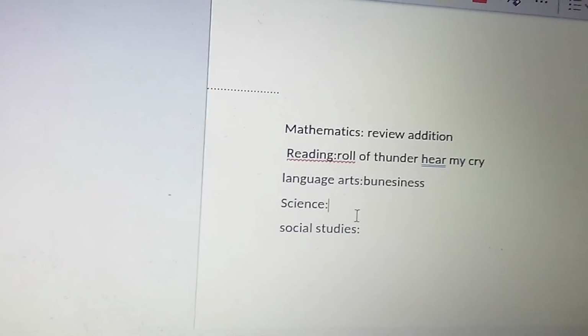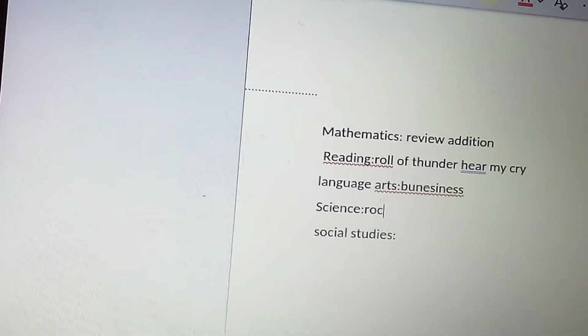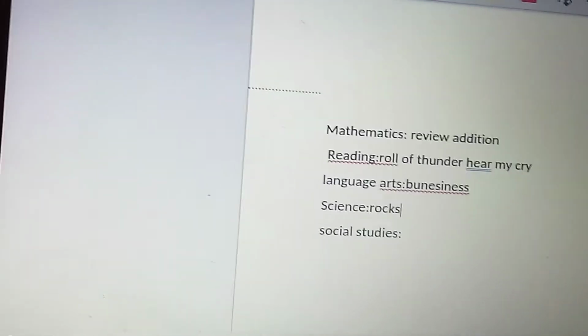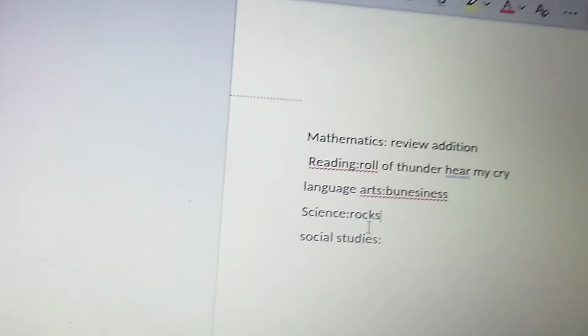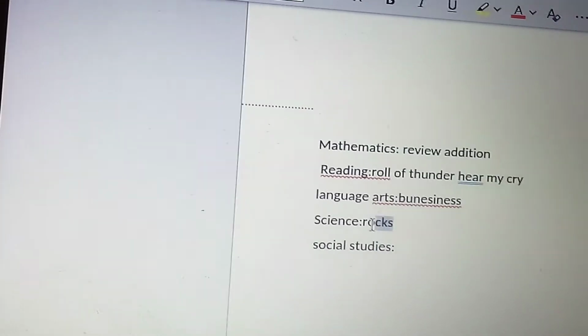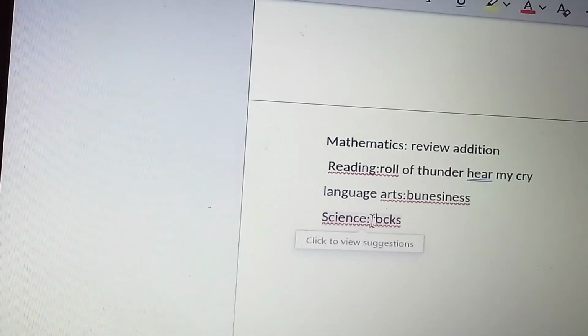And then science, okay, just write in and figure out what you're going to do. This week it'd be our first week, so we're going to go find some.